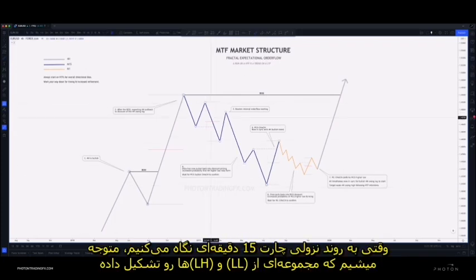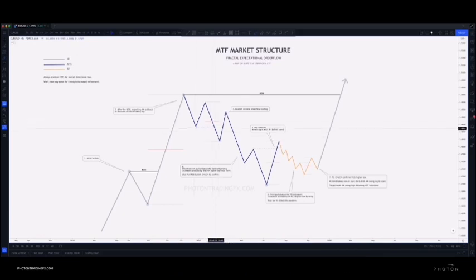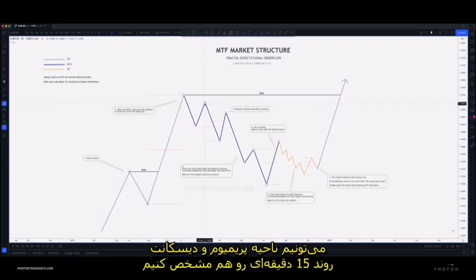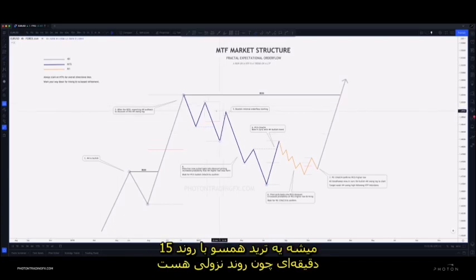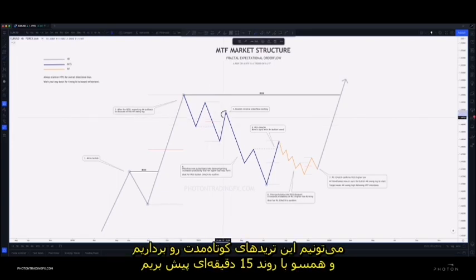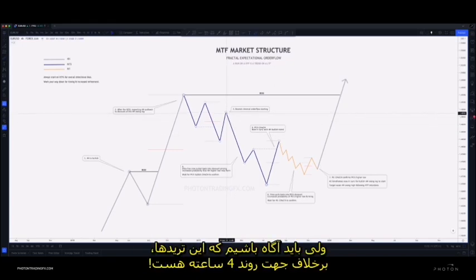So looking at the M15 bearish trend, we can see it forming a series of lower lows and lower highs, and then we can mark out the premium and discount of the M15 trend as well if we want to take these trades. So this would be pro M15 trend because the M15 is bearish, and we can take those short-term intraday trades in the direction of the M15 trend, but we have to be aware that it is against the 4-hour trend.